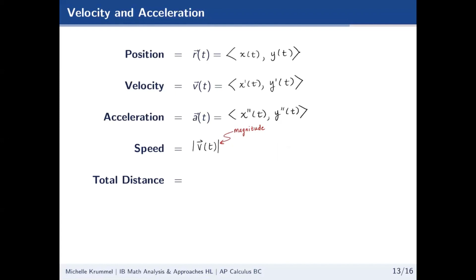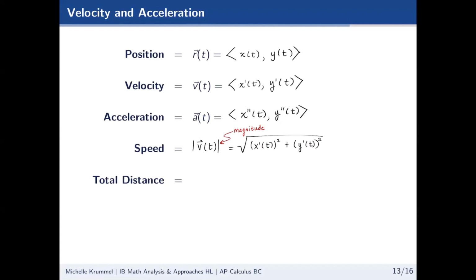To find the magnitude of the velocity vector, we want the square root of the x component squared, and the velocity vector has x component x prime of t. So x prime of t squared plus y prime of t squared.